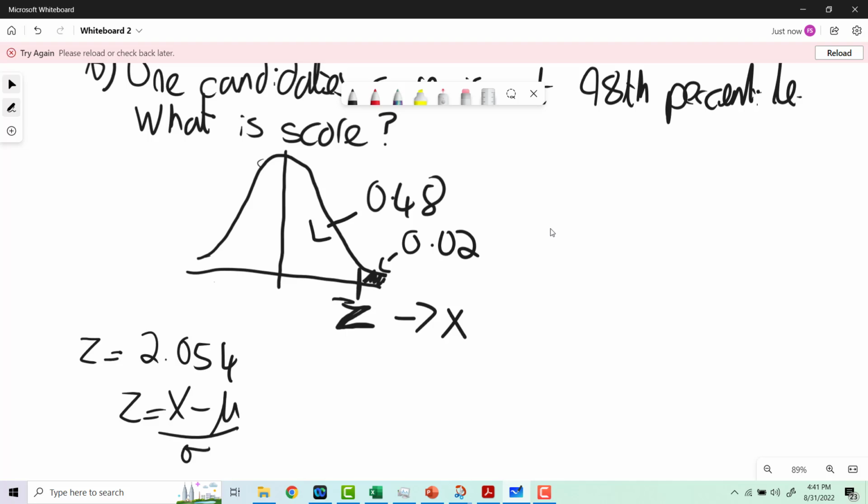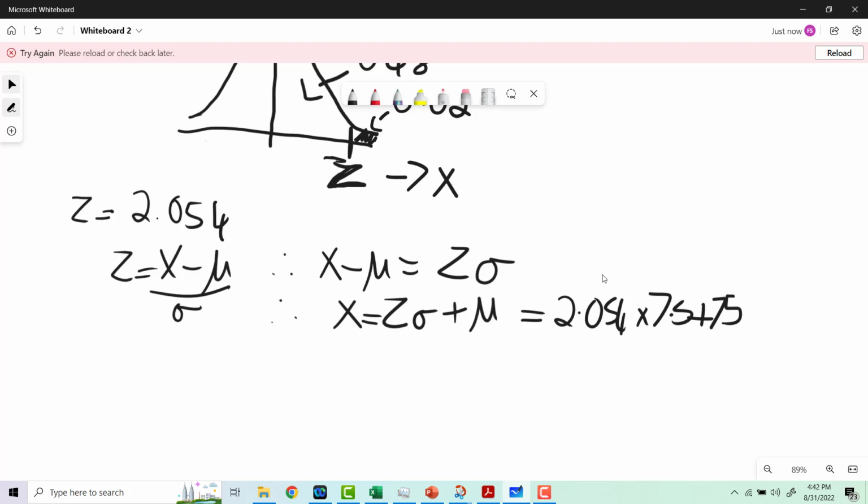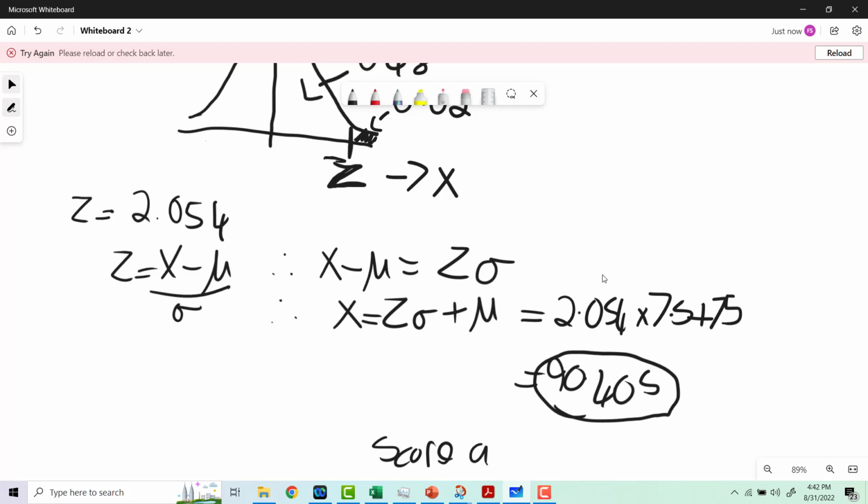So we could rearrange that and say X minus mu equals Z sigma, and therefore X equals Z sigma plus mu, which in this case is going to be 2.054 times 7.5 plus 75, and that score is going to be 90.405. So we'll say this is the score at the 98th percentile.